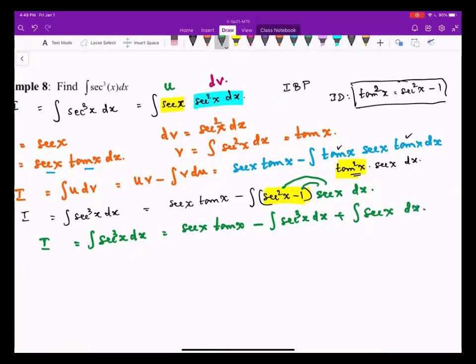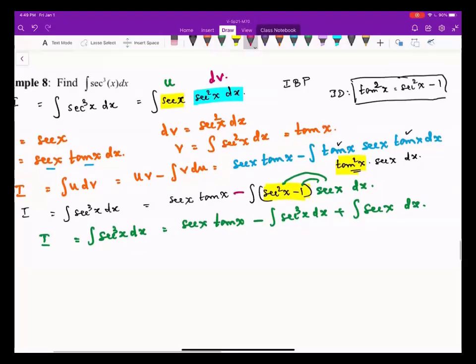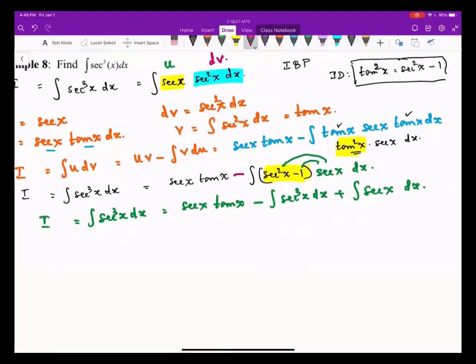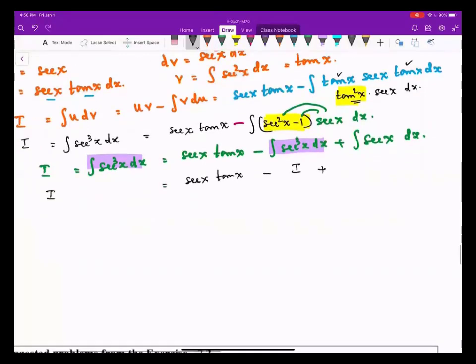If I distribute and split the integral, also taking into account the minus sign that you see outside the integral sign, you're distributing along with the minus. If you notice, this integral that you have seen here is exactly the same as the integral that you started off with. So we will write this integral I as secant x tan x minus again I, plus the integral of secant x, which we derived earlier.